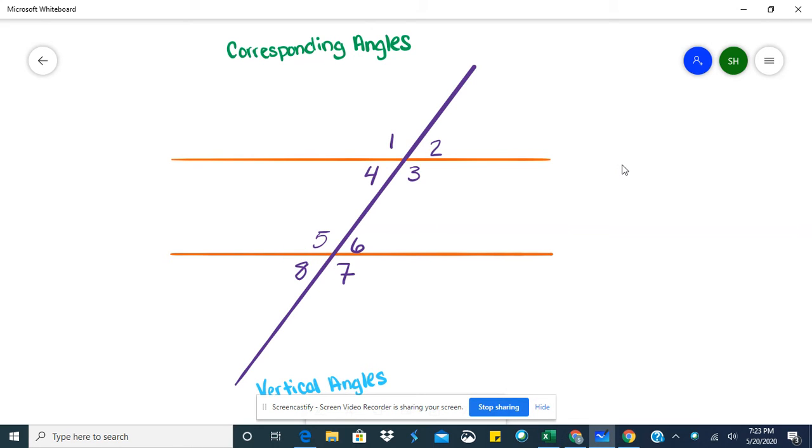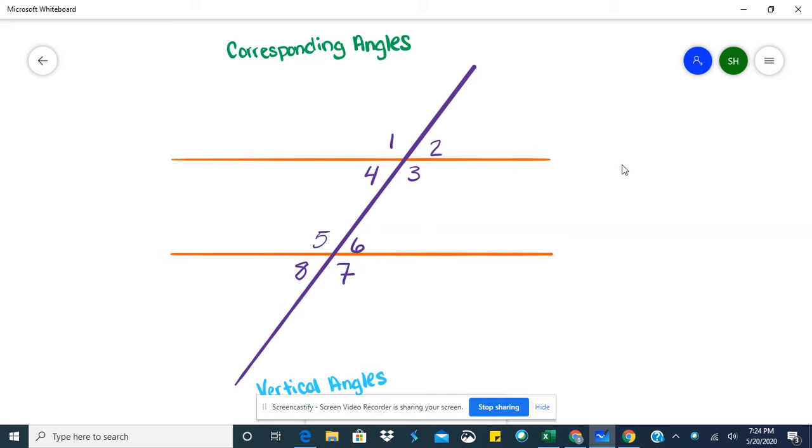Corresponding angles, supplementary angles. Remember, corresponding angles are angles that are equal. So that means that the degree of your two corresponding angles, so not of angle 1 and angle 2, but of your two corresponding angles, will be the same, also known as congruent.